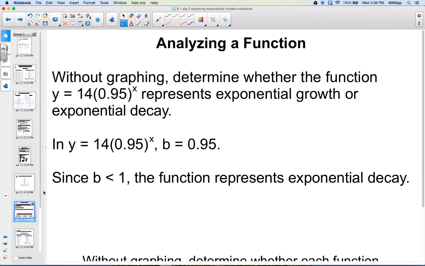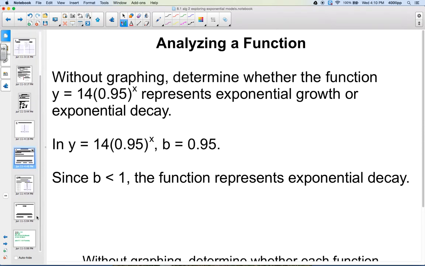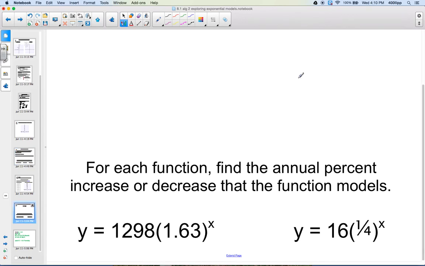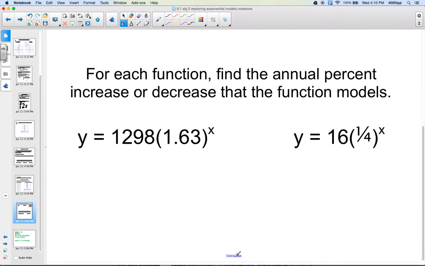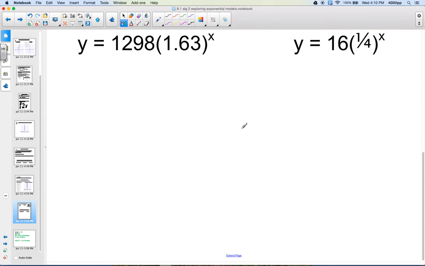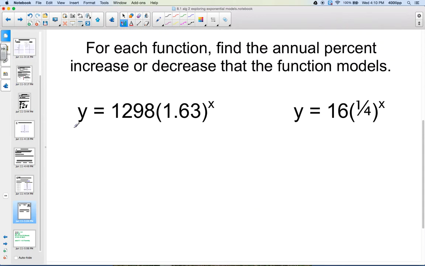Okay, moving on here, we can look at finding the annual percent increase or decrease at the function models. So this is going back to that one equation of b is equal to 1 plus r. And this is in the form of y equals a times b to the x.